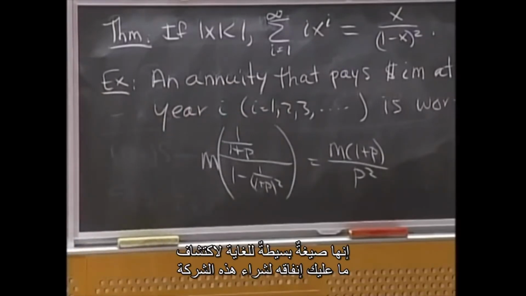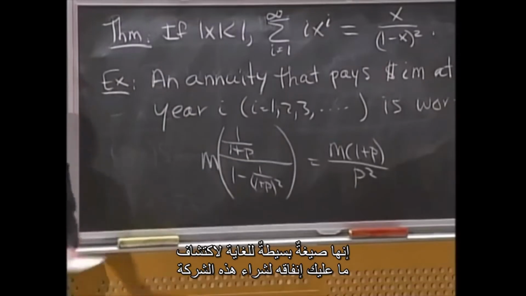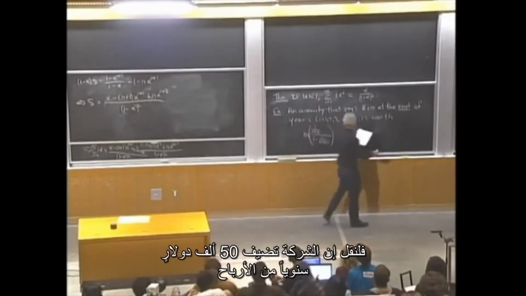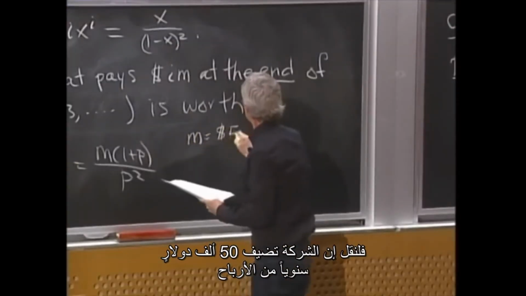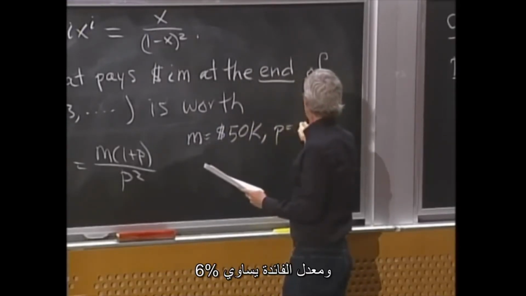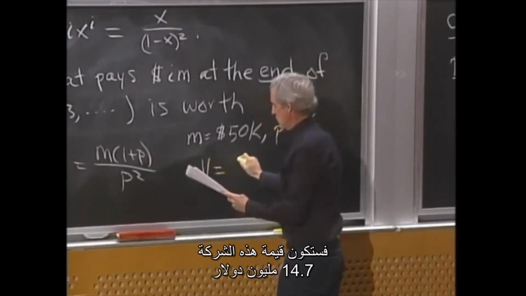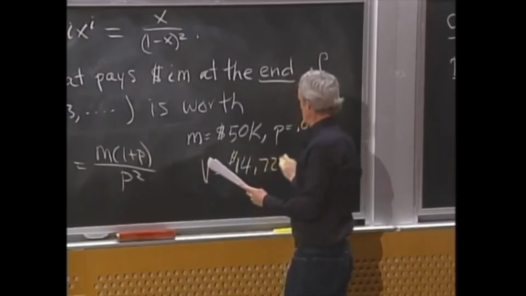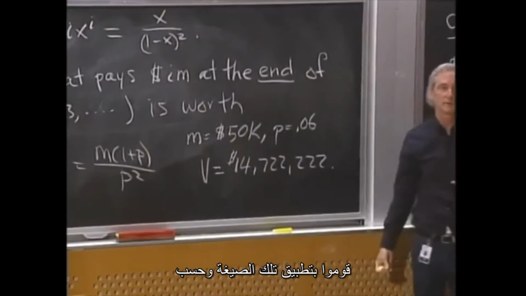So with a very simple formula it's possible to figure out how much you should spend to buy this company, what its value is today. So for example, say the company was adding $50,000 a year in profit. The interest rate was 6%. The value of this company is $14.7 million, just plugging into that formula.